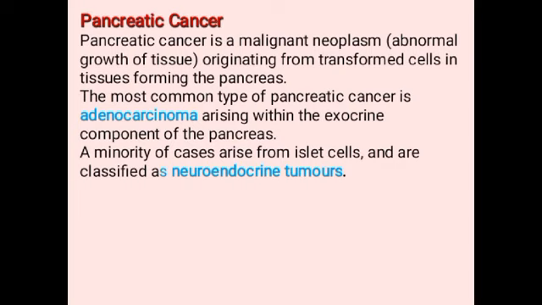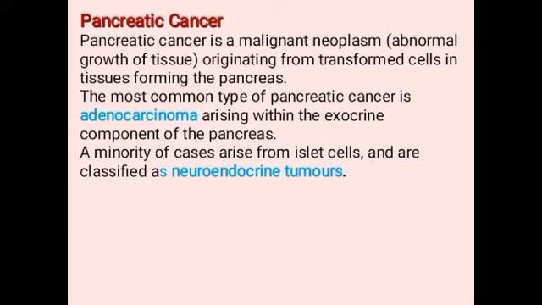So the most common type of pancreatic cancer is said to be adenocarcinoma. When you say adenocarcinoma, we are talking about cancer of the glands. So being that the pancreas has both exocrine and endocrine glands, you find that the glandular part of the pancreas is the one that is going to have the transformed cells, or overgrowth of the cells, leading to adenocarcinoma.